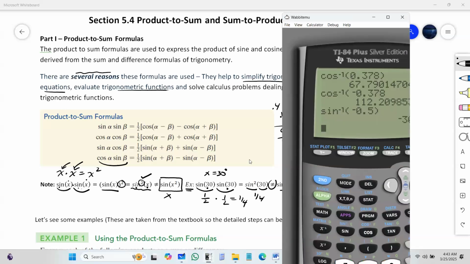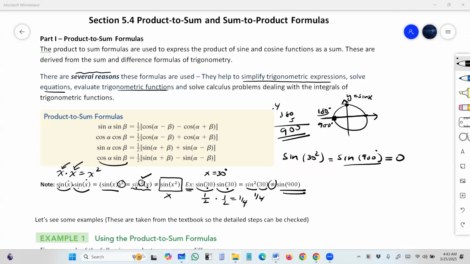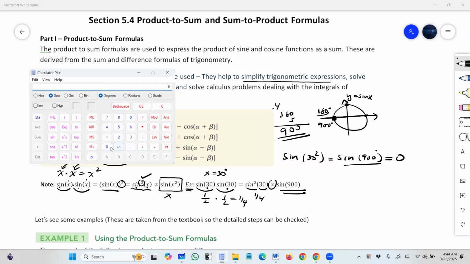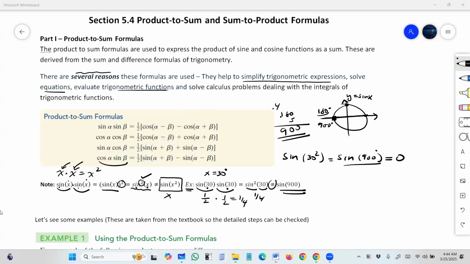You can always do it on the calculator. We use the other calculator. 900. Well, first let's check to see if this works. 30 sine, here's 0.5. And 900 sine is 0. Okay?